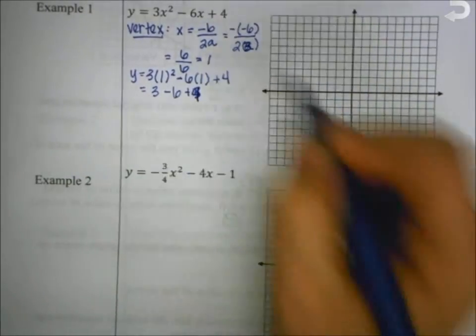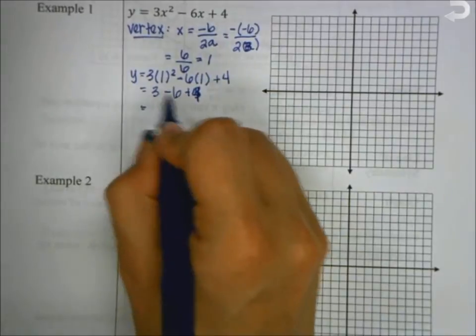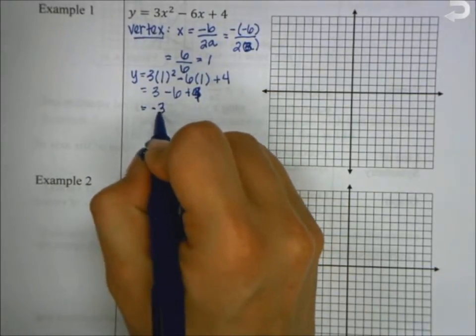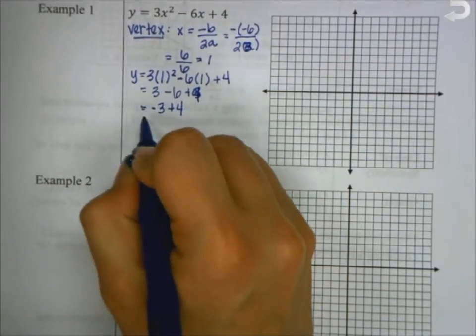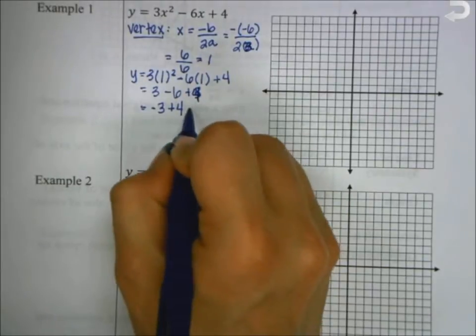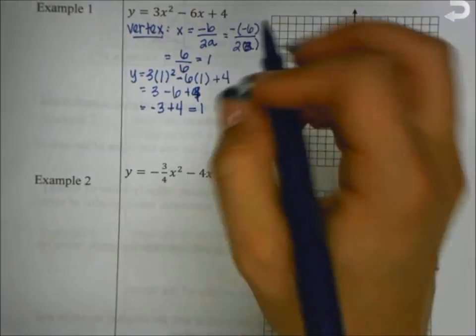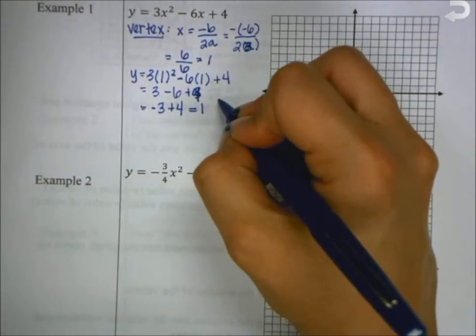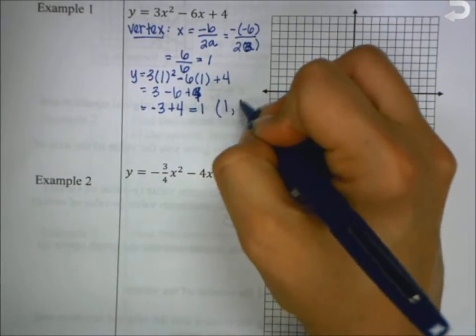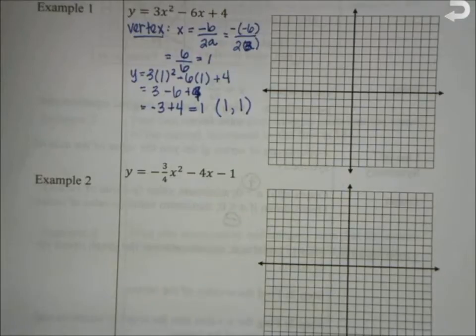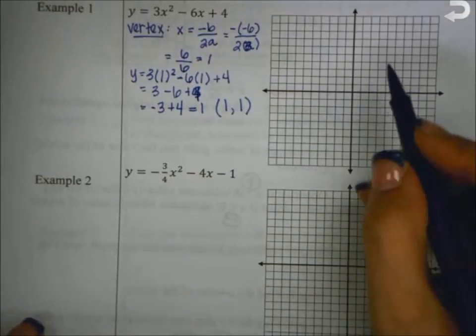Three minus 6 is negative 3, plus 4 equals 1. So my vertex is going to be the point 1, 1. That's my vertex. So let's plot that point right now. My point 1, 1 is right here.